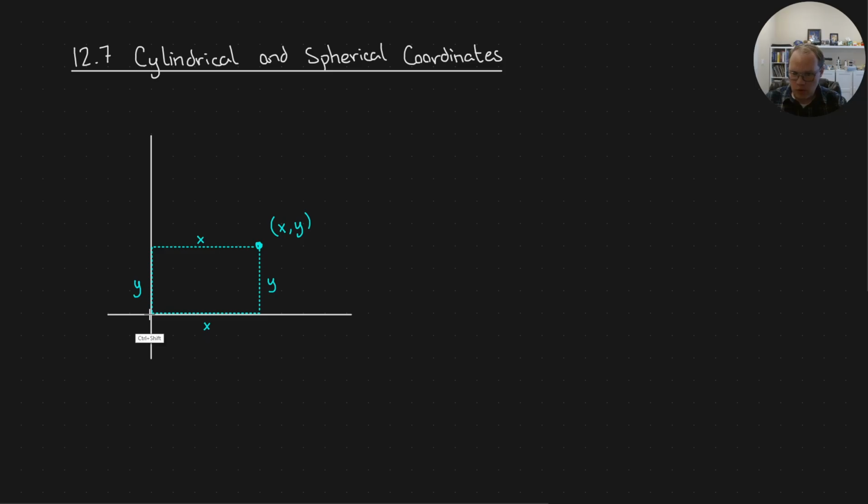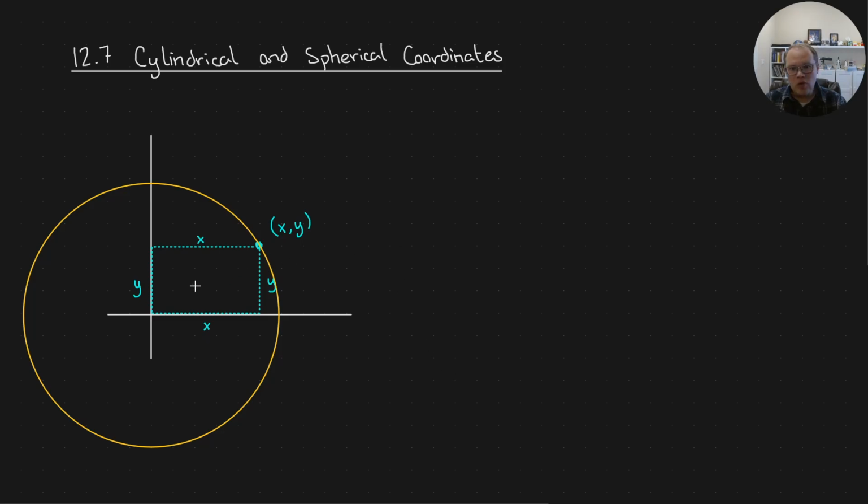The concept of polar coordinates is that if you think about a circle expanding from the origin, and you think about a point lying on a circle centered at the origin, then you can think about this point being associated with that circle with a certain radius and with a certain angle, measured from the positive x-axis. Okay? And these are polar coordinates.